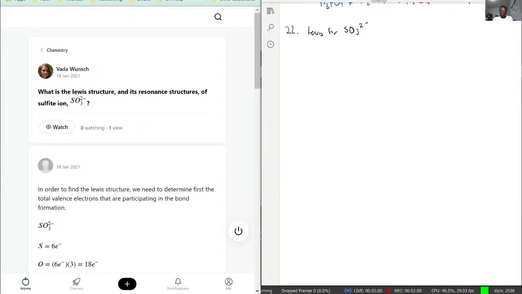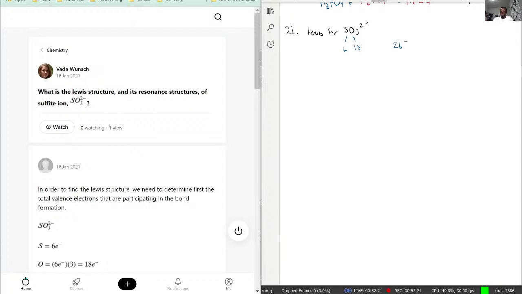Once again, we're going to figure out how many valence electrons we're working with in total. Sulfur will be 6, being from the 16th column, and oxygen would be 3 times 6, that would be 18. So 6 plus 18, right now we're working with 24. And then plus that minus 2, we have 26.